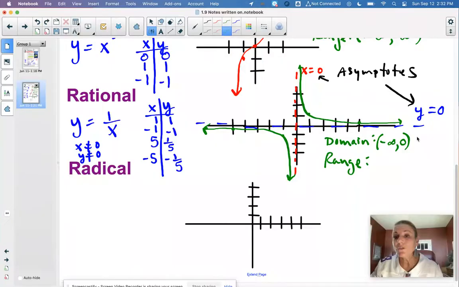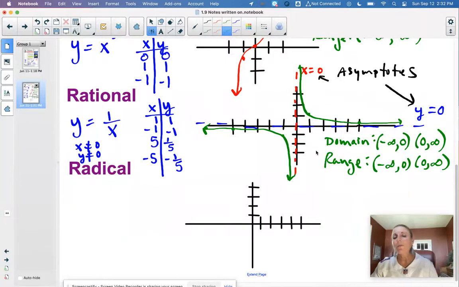And then we're also going to have to say 0, comma, infinity. We have to set it up like that. We can't say negative infinity to infinity because we can't include 0. Range is the same thing. Negative infinity, comma, 0, 0, comma, infinity. Because of the asymptotes. So that is the domain and range.